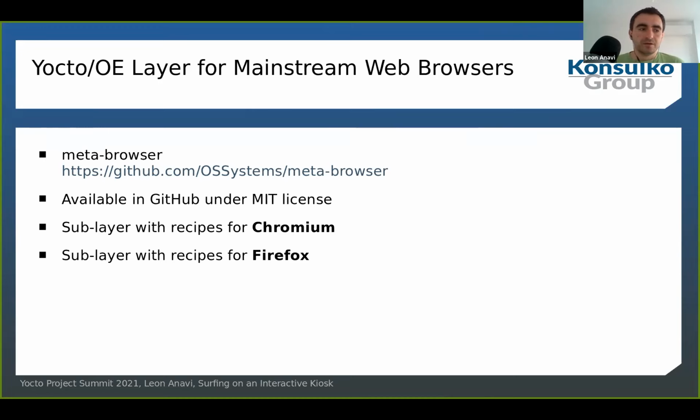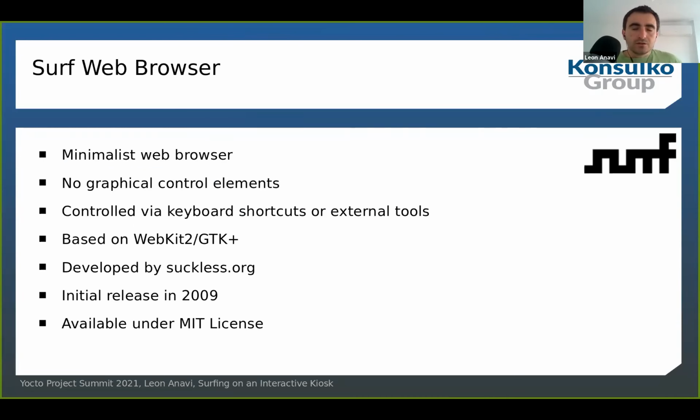Even if you have a very powerful build machine, still building a web browser with BitBake takes some time because of the dependencies. So instead of using Chromium or Firefox, in this presentation, I'll show you the Surf web browser.